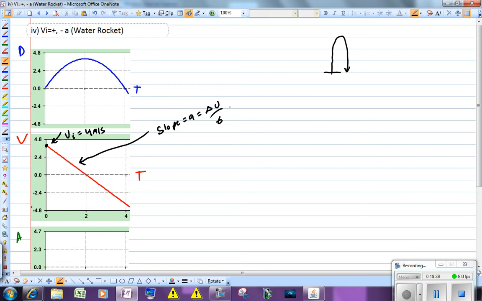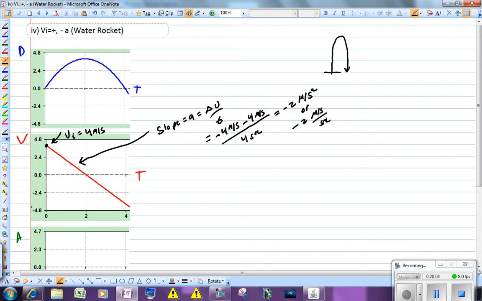That change in velocity is going to be the final velocity -4 meters per second minus the initial velocity 4 meters per second, divided by 4 seconds, which is going to give us an acceleration of -2 meters per second squared.